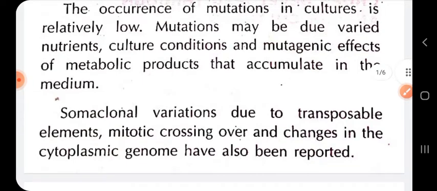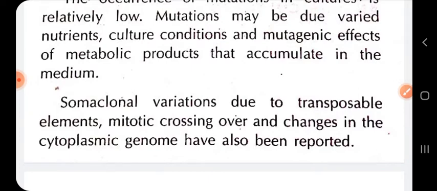Due to transposable elements, mitotic crossing over, and change in the cytoplasmic genome, it has been reported that these types of events can also lead to somaclonal variations.